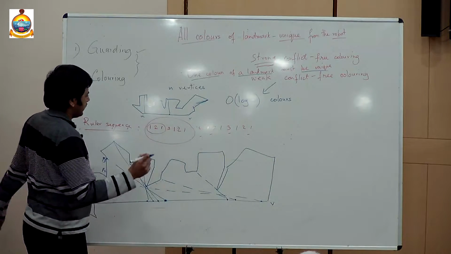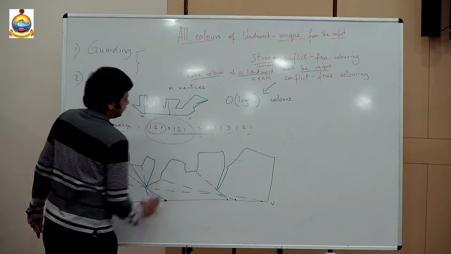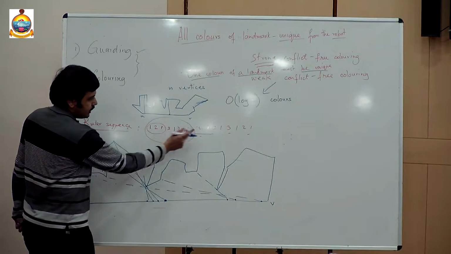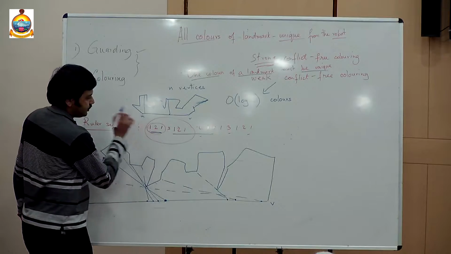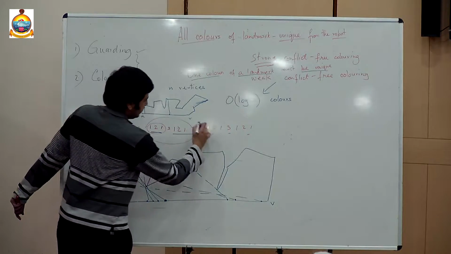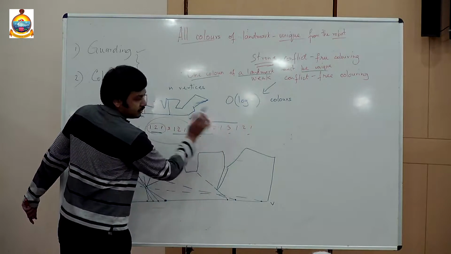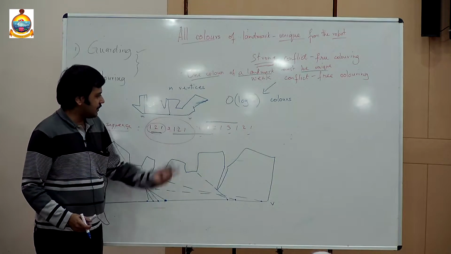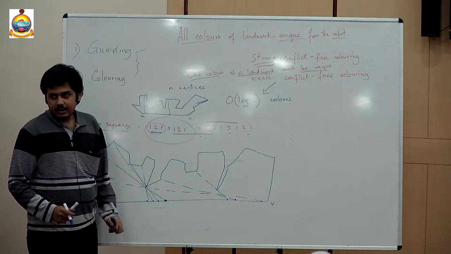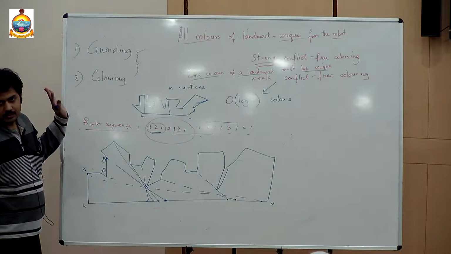The property of this sequence is that if we look at some few consecutive colors, say this has a unique color 4, this has 2, this has 3. If you take any k consecutive elements from this sequence, it will always have a unique element.